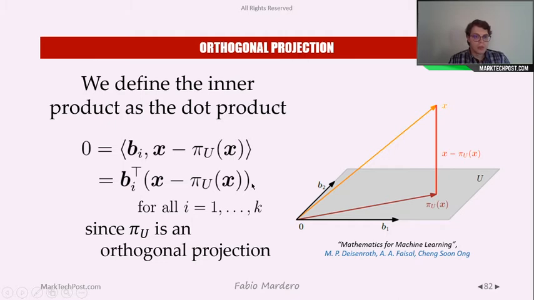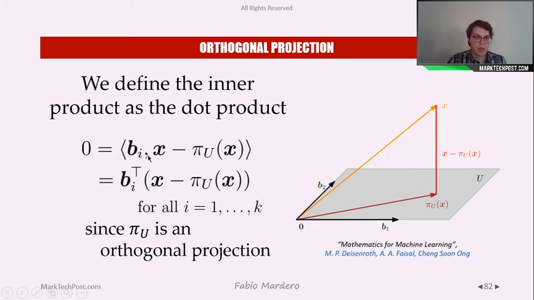To determine this lambda, we start from the definition of the orthogonal projection, which is a projection that satisfies this condition. Here, instead of taking every vector on U, we take the basis vectors.